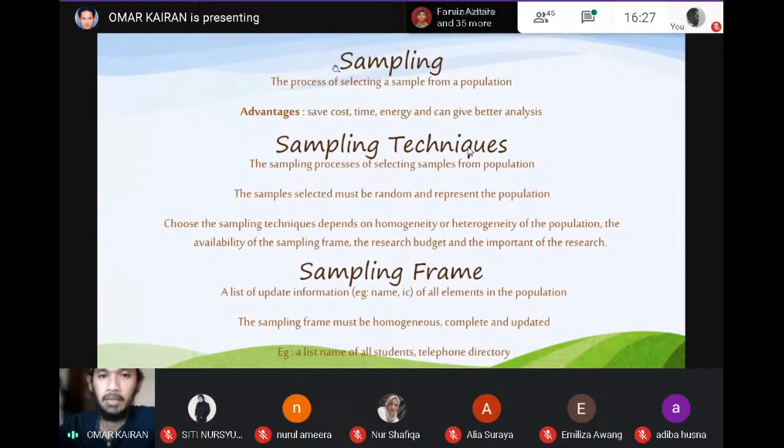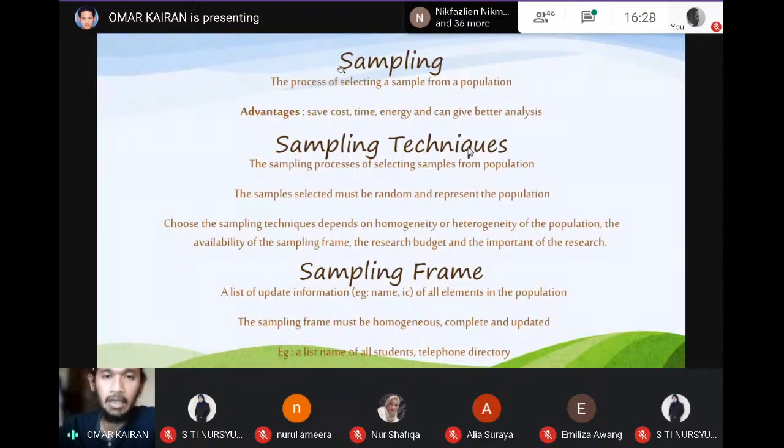There are several sampling methods that we can use, but the choice depends on the data type of the population that you are going to use in the research.